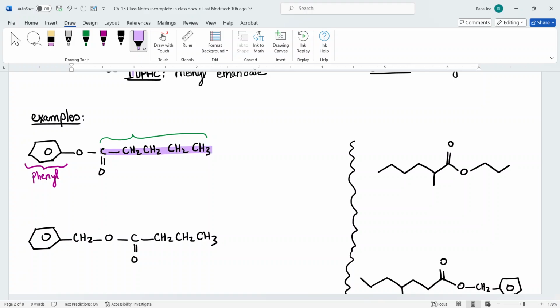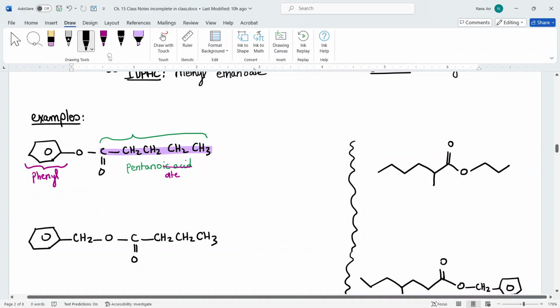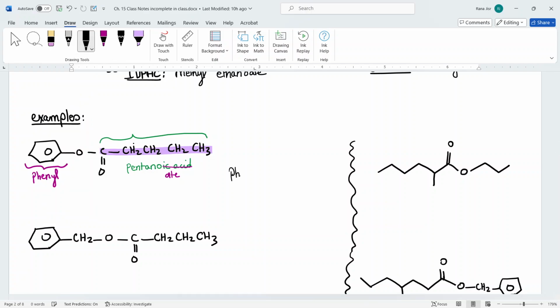This is 5 carbons. So instead of naming it as a pentanoic acid, write it down at the beginning so that you can get used to that. So you drop the ic acid and you add an ATE. So the name in this case is going to be phenyl pentanoate.